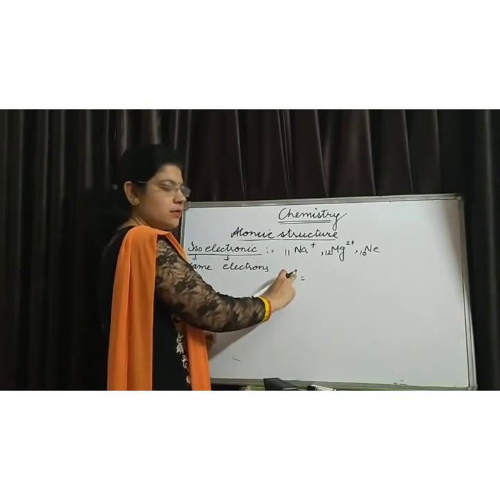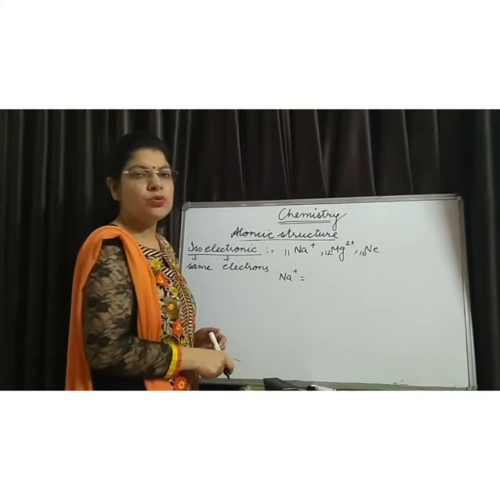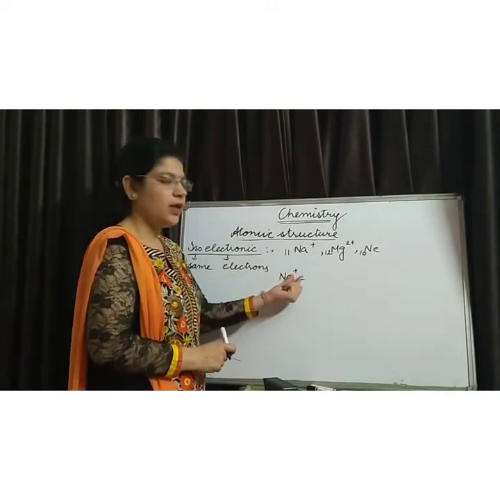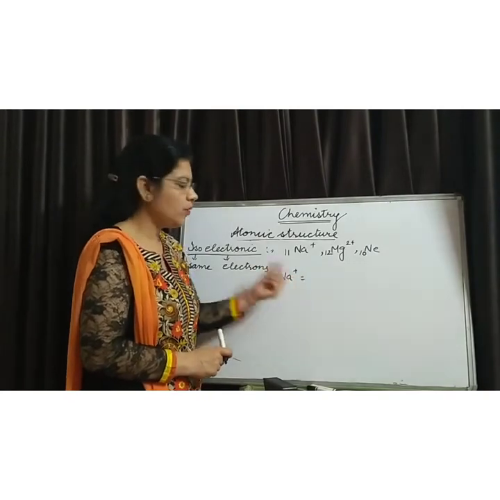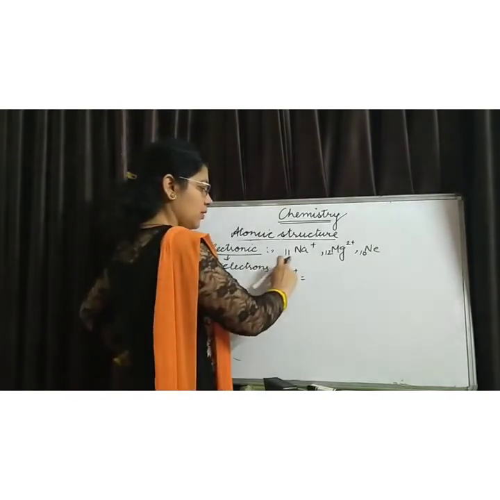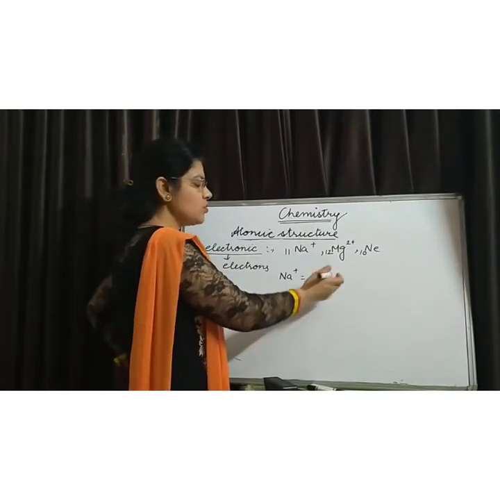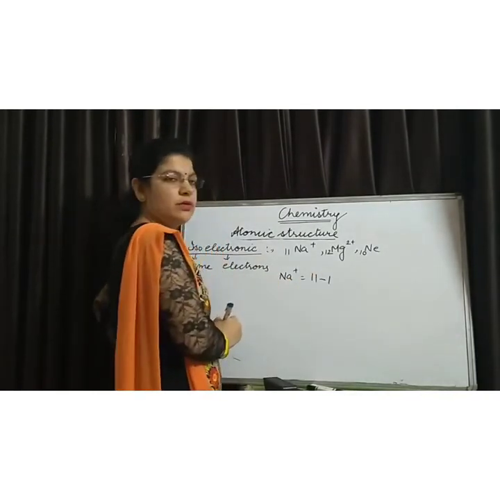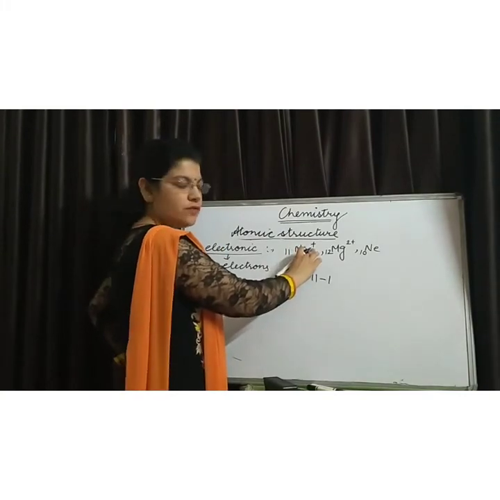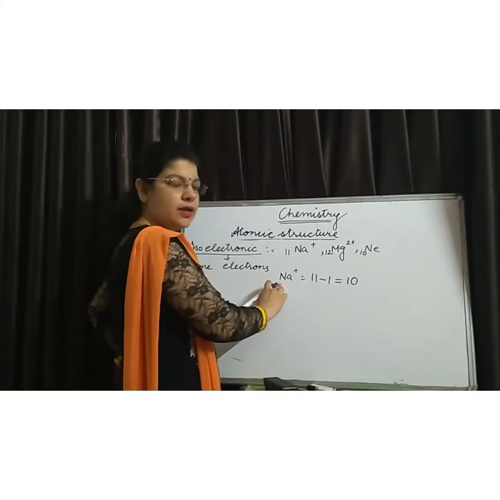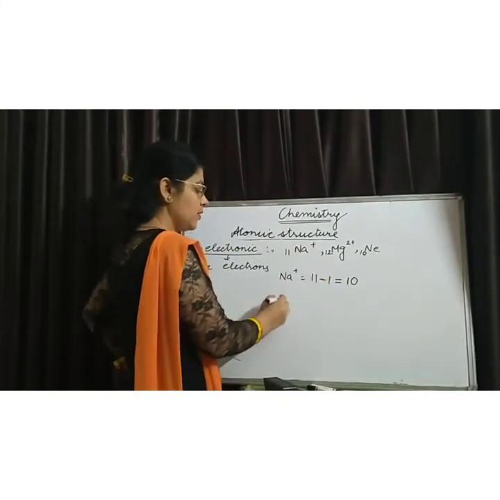It means sodium loses 1 electron. By losing 1 electron, it acquires 1 unit positive charge. Before, it has 11 electrons. After losing 1 electron, it acquires 1 unit positive charge. So the total number of electrons in the sodium ion becomes 10.